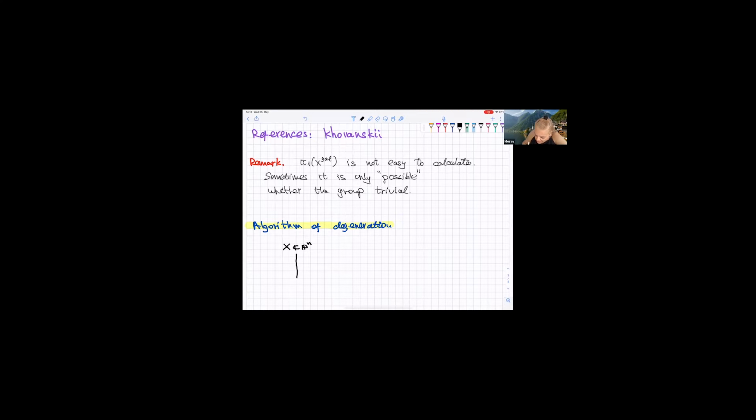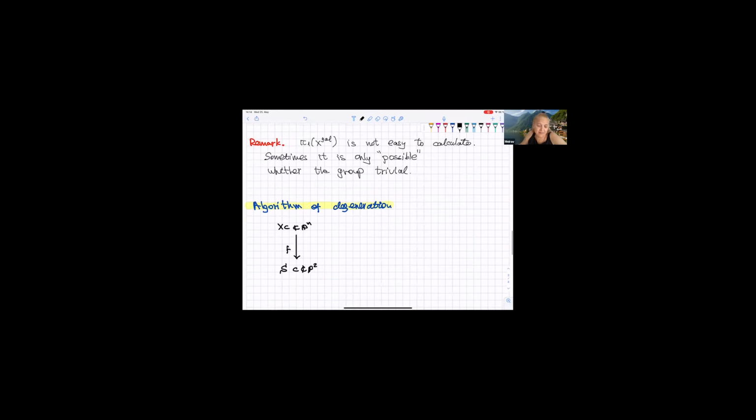We know that we have a generic projection F onto CP square, and we know that we have the branch curve S. Sometimes it is very hard to deal with the S, because the picture is very complicated. It's hard to draw a picture of it.